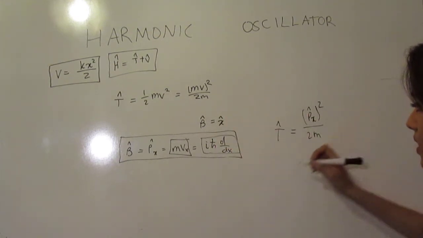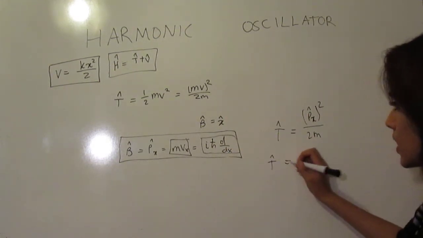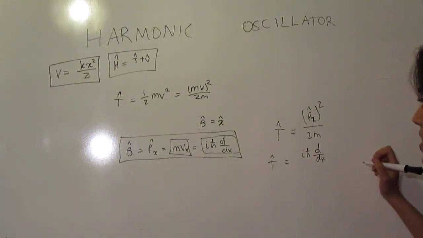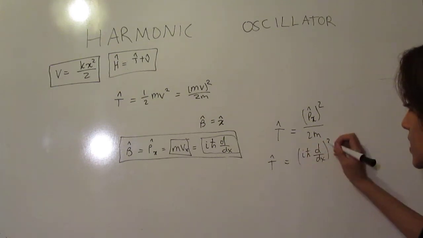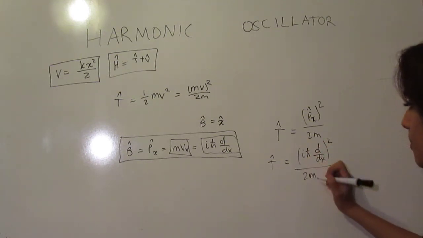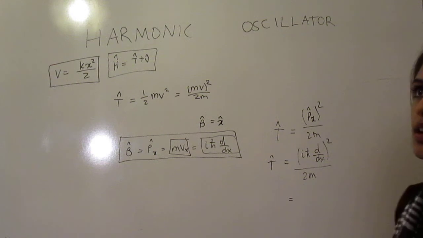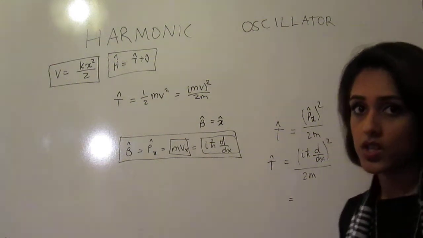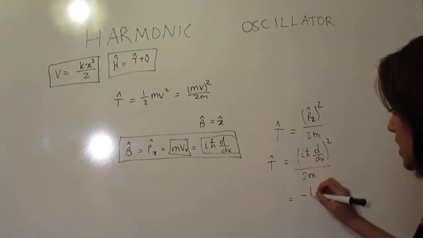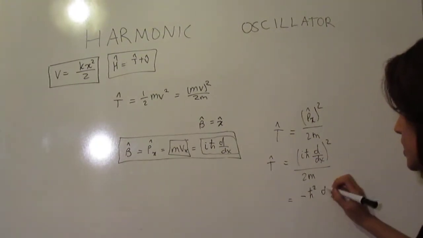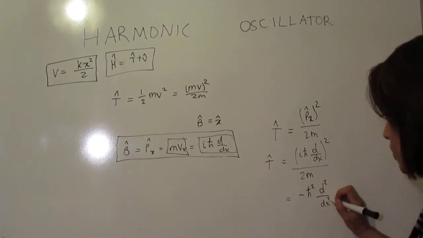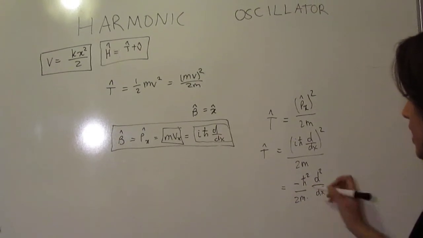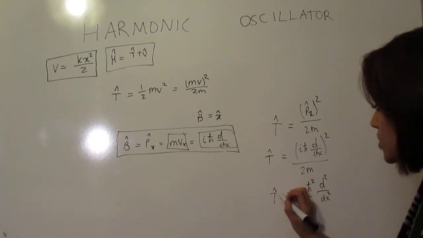So if we plug that in, then we have T equals i h bar d by dx all squared over 2m, and that equals, as i squared is the square root of minus 1 times the square root of minus 1, which equals minus 1, we end up with minus h bar squared d squared by dx squared all over 2m. And that's what the kinetic energy operator is.